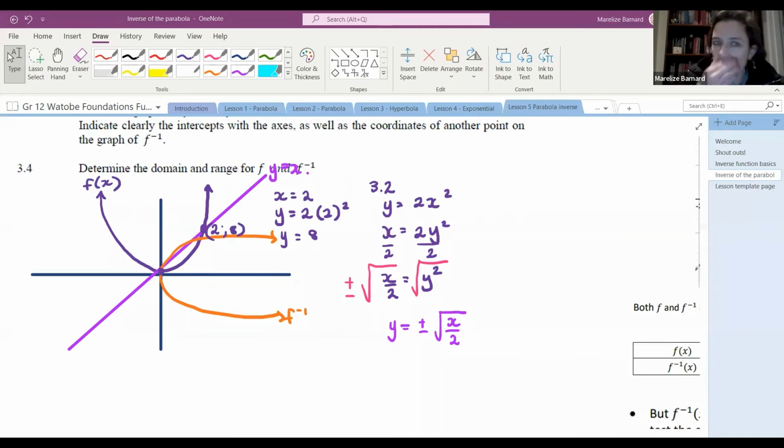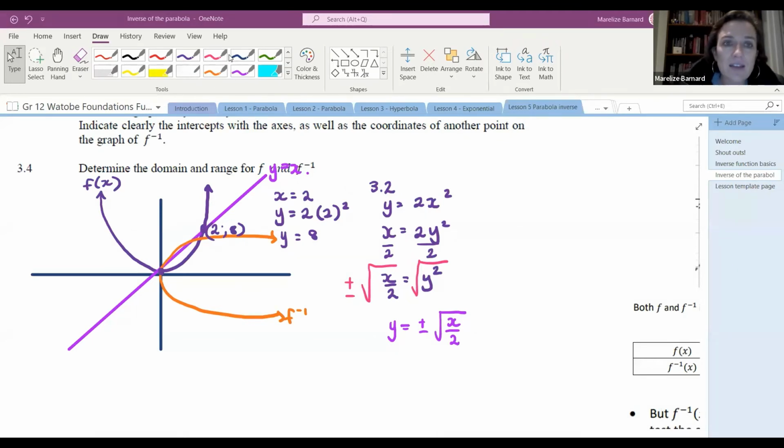Kolo, is that domain for f or for f of minus 1? The domain of f, x greater than 0.